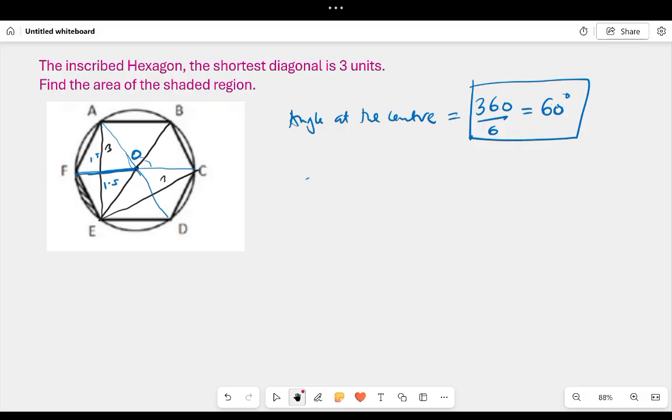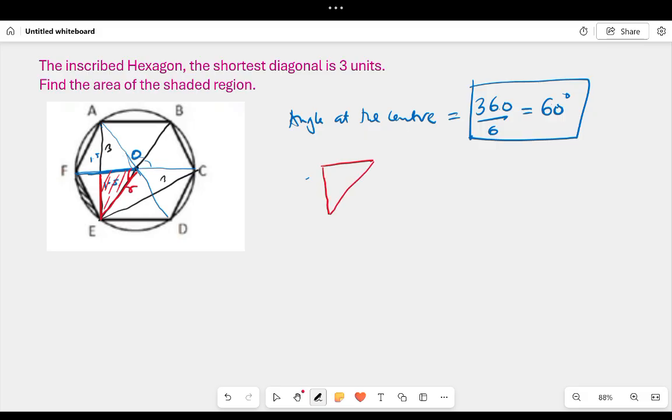Now, my interest for now is going to be on this triangle here. So we have the radius, we know this length here is 1.5, then the radius, and then definitely the angle at the center is 60 degrees. So I'm going to extract this triangle for us to visualize it properly.